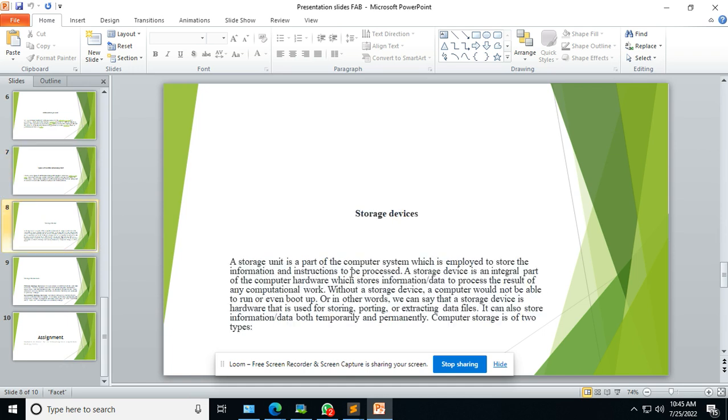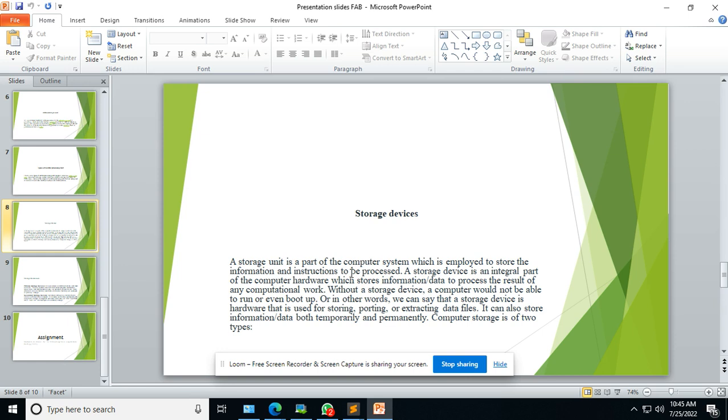Also, we have the storage device. What is a storage device? Who can define for me? This is the integral part of computer hardware which stores information or data to process the results of any computational work.